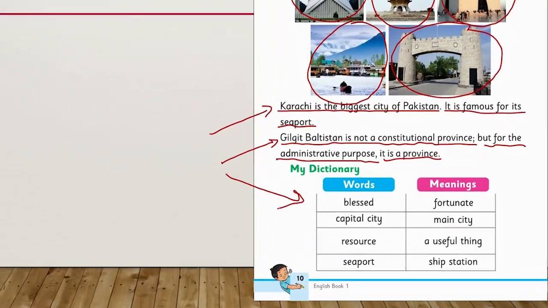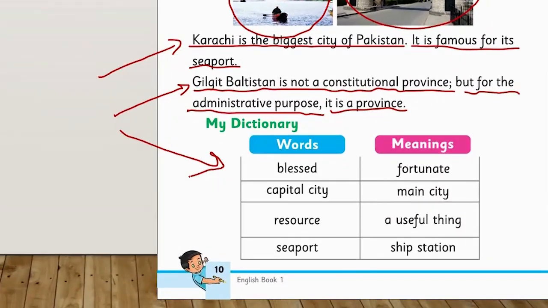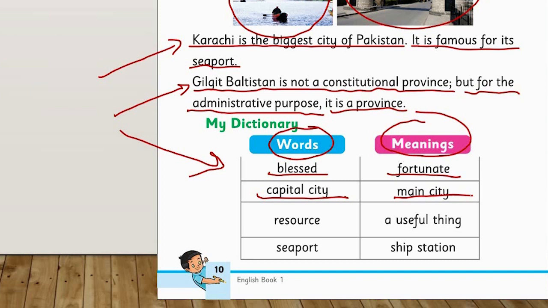There is a small dictionary, read out loud, words and their meanings. The first word is blessed, fortunate. Capital city, the main or the big city. Resourceful. Resource means a useful thing.